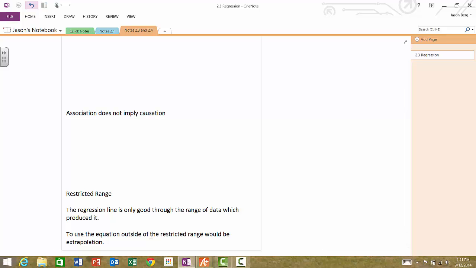A couple of big words there, restricted range and extrapolation, but it's important vocabulary, so make sure when you're answering questions that deal with these, you use both of those terms. And there are questions like that on the quiz and I believe on the test also.